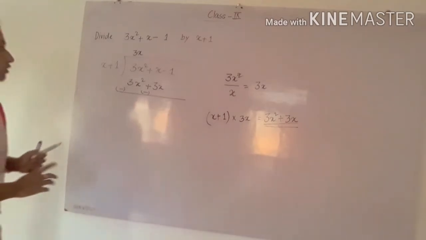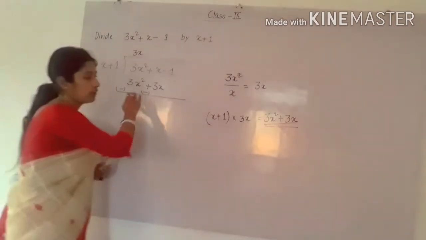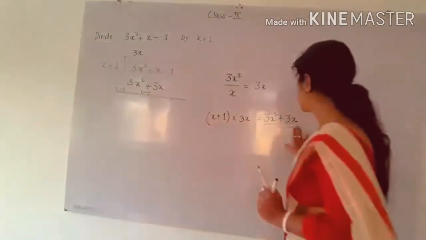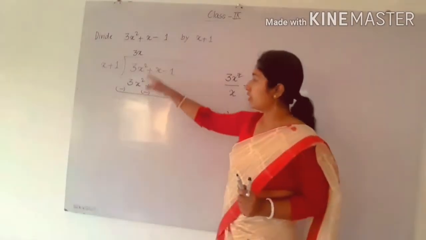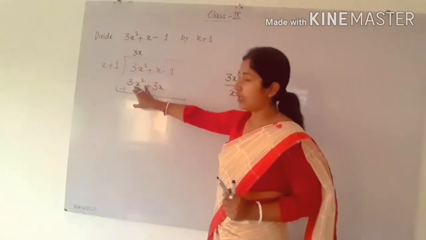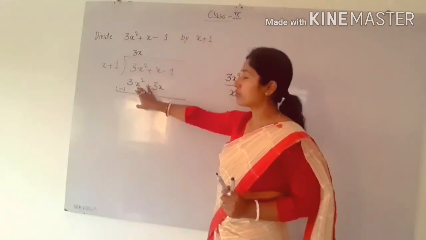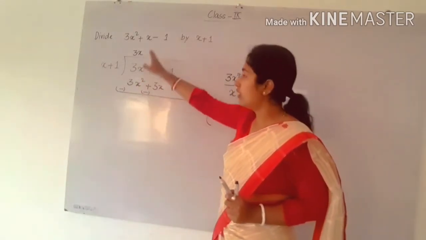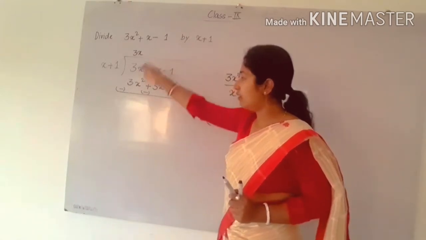After that we have to do subtraction. I have written 3x square plus 3x below the dividend. We have to write x square below x square, since x square and x square are like terms, so you have to write them in one column.